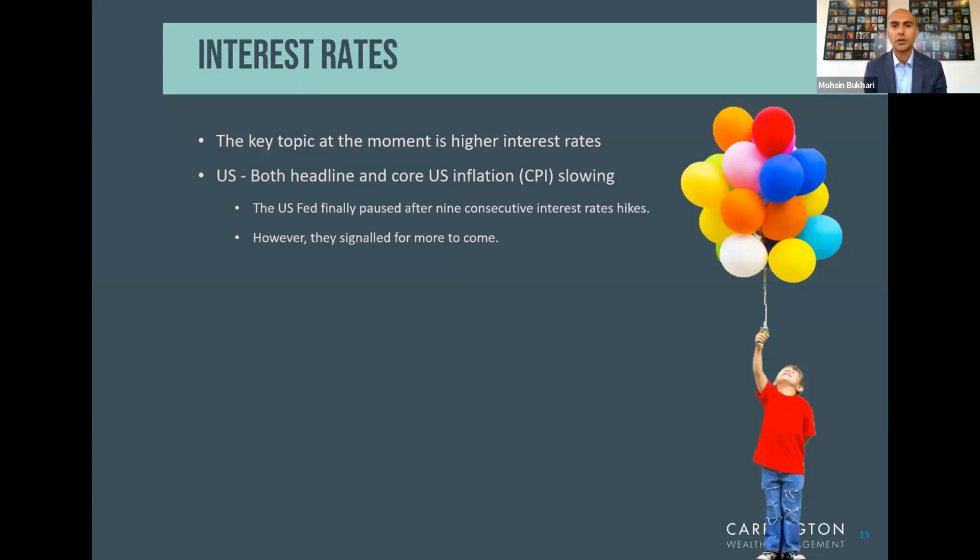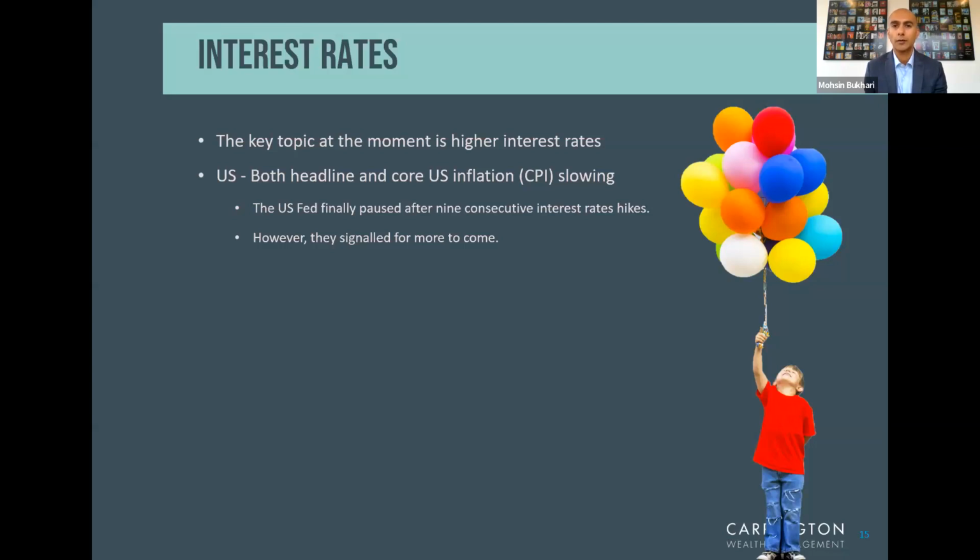And that prompted the US Federal Reserve to finally pause in their interest rate hiking cycle. So we've had 9 consecutive hikes, one of the fastest and largest hiking cycles ever. They decided to pause in June. However, they did signal that they were looking at maybe 2 more interest rate hikes.